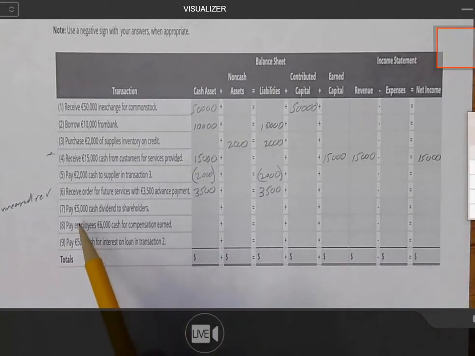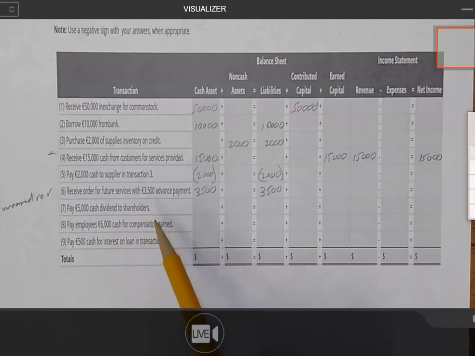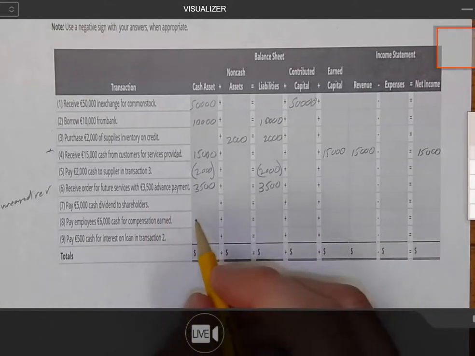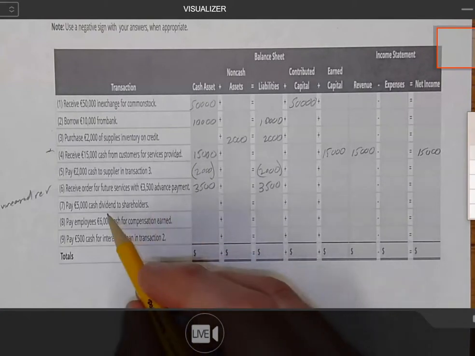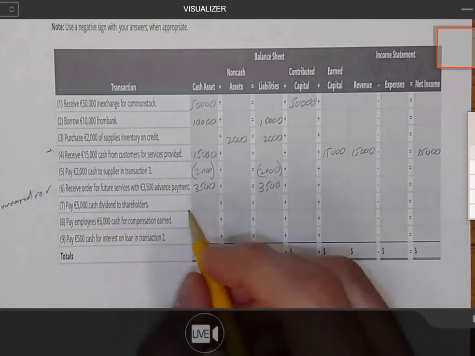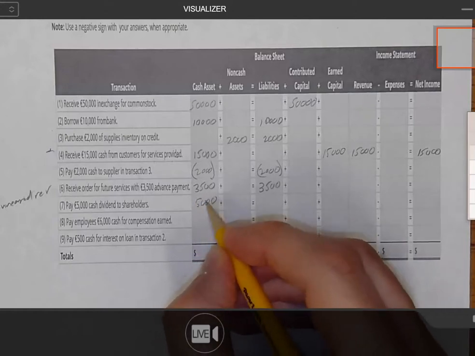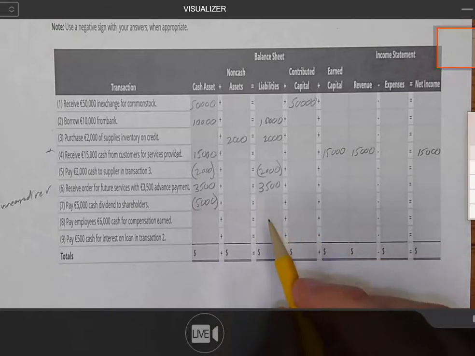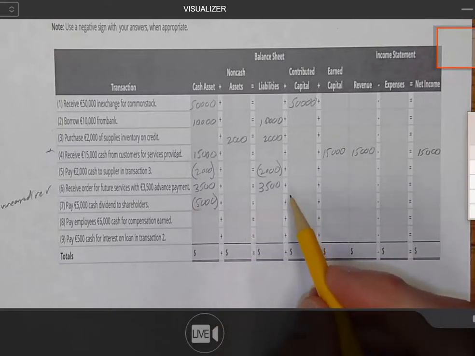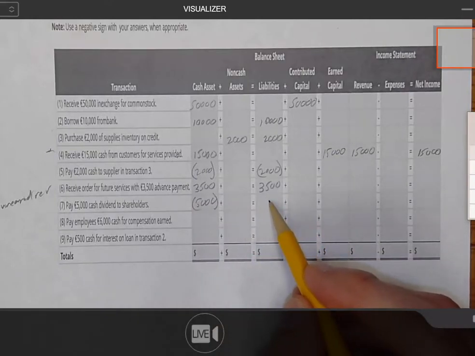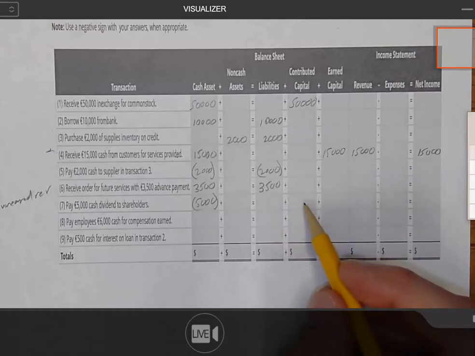Number 7 says pay $5,000 cash dividends to shareholders. Well, let's see what we have here. We're paying 5,000 euros, actually, I think I said dollars. So we're going to put that right here, and we're going to put a negative sign. No non-cash assets, no liabilities, no contributed capital.